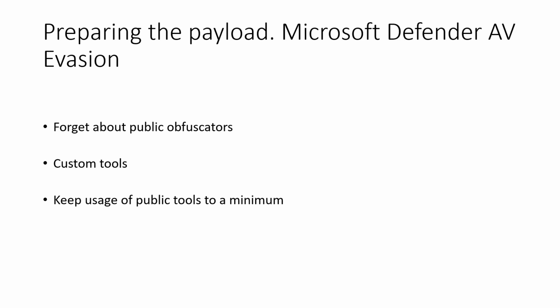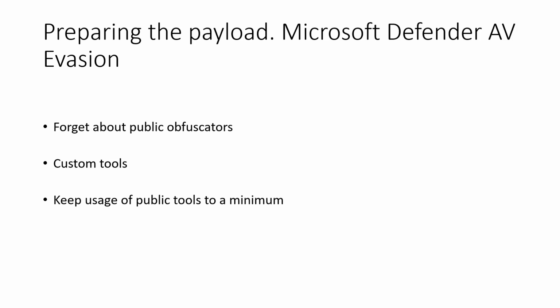So if you want this code to live longer, don't share it. And the last one, keep usage of public tools to a minimum, because even if you need to use more advanced tools like Metasploit payloads, try to minimize the usage of those tools.